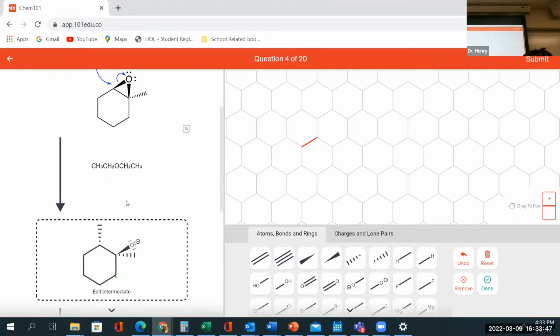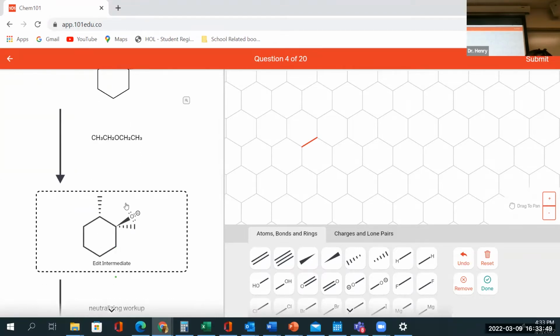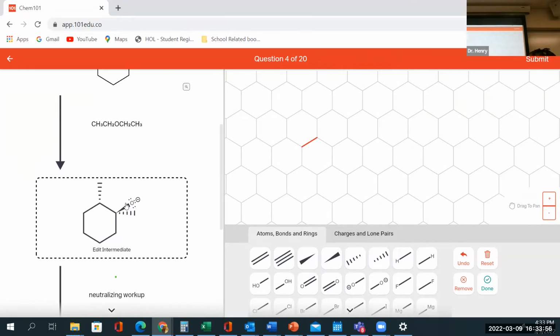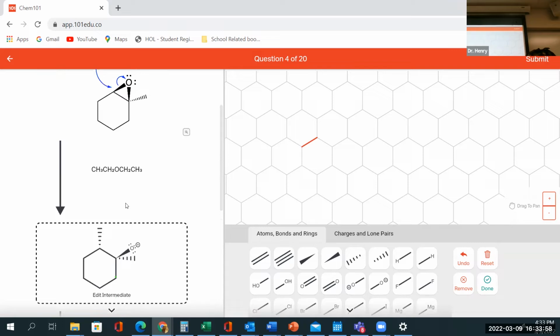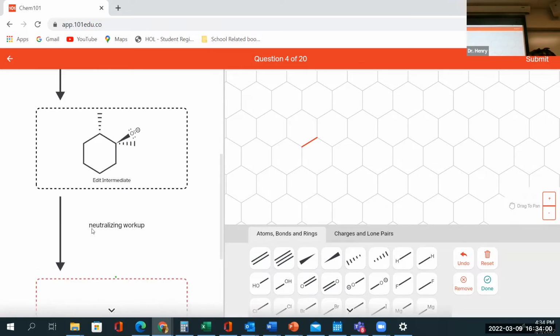And the diethyl ether is just acting as a carrier. And then it says neutralization workup. So that part means that you're going to just neutralize it, right? So in this case, if it's negatively charged, we're going to add a little bit of acid to neutralize it, right?